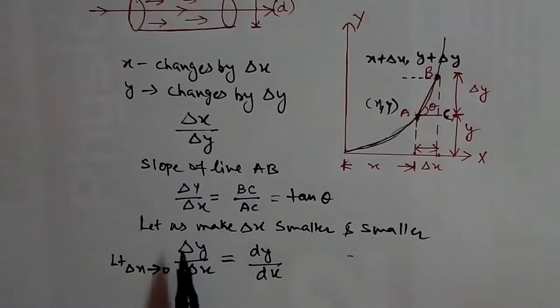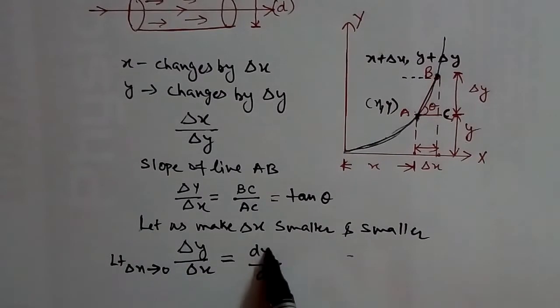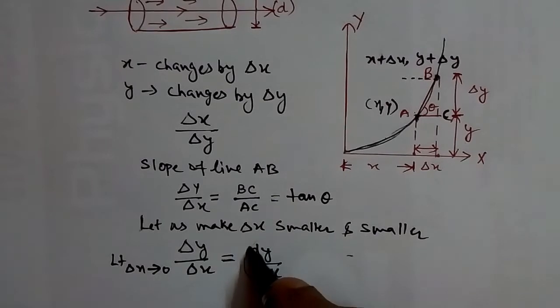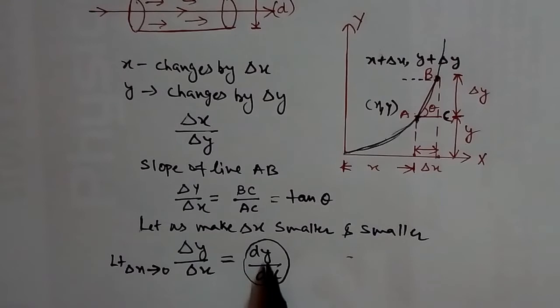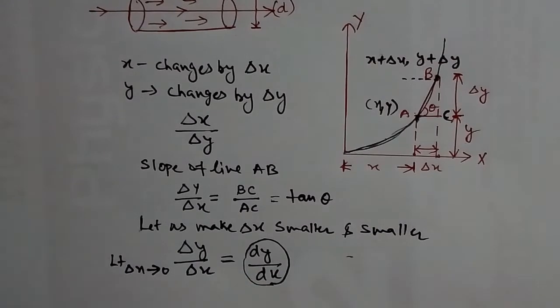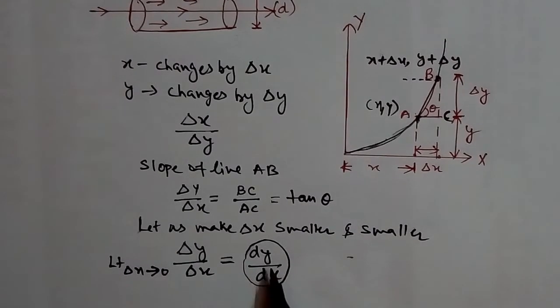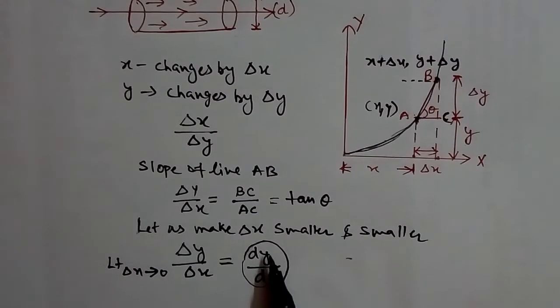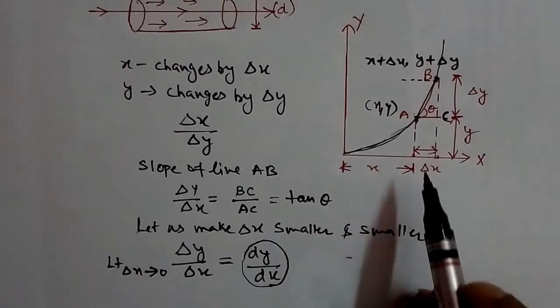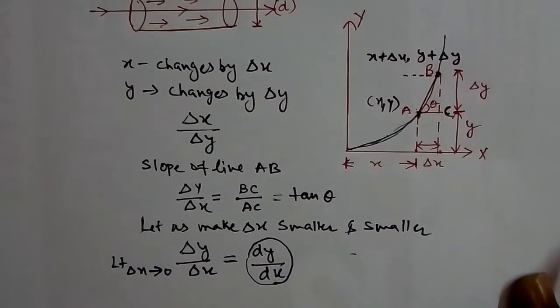The moment you apply limit delta x tends to 0 to the rate of change delta y by delta x, it becomes dy by dx. This format dy by dx is called differentiation of y with respect to x. With this equation dy by dx, we are now in a position to find the variation of y with respect to x at any given point.